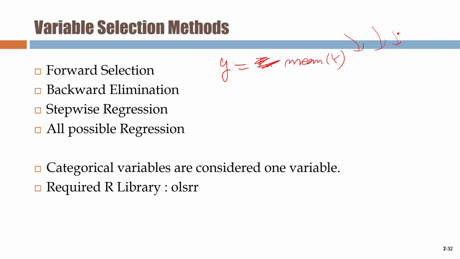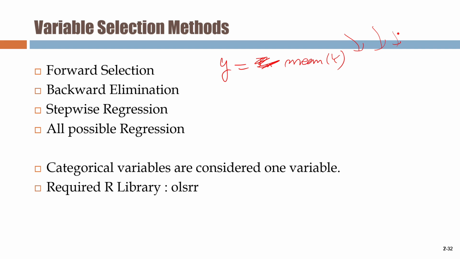Forward selection is where you just add variables, and backward elimination is where you include everything you have and then drop some of them. Stepwise is where sometimes you add, sometimes you drop, moving back and forth. All possible regression calculates the regression of all possible combinations. One variable, two variables, but with two variables there are so many different pairs, right?